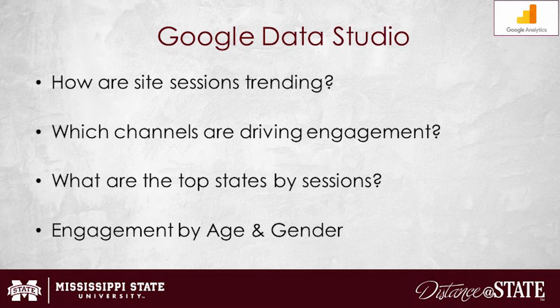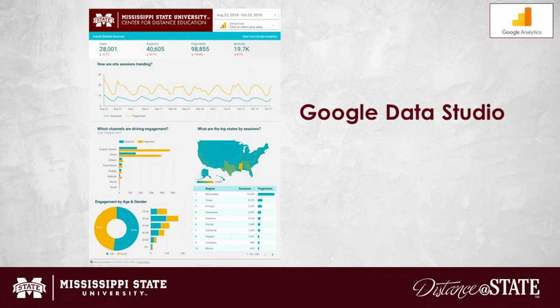Hopefully you've seen it already. We've got a date range at the top, and we're able to track some information, give you your geography right off the bat, your age versus gender, and your sessions and page views.